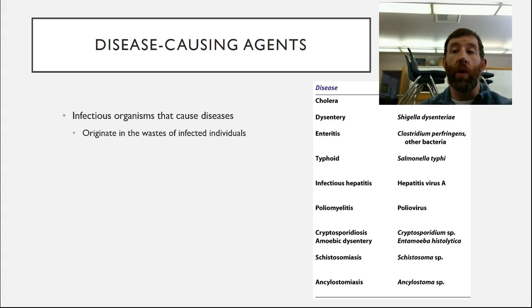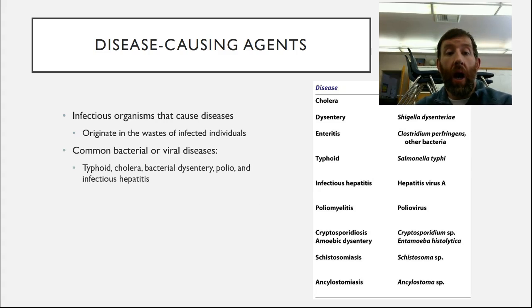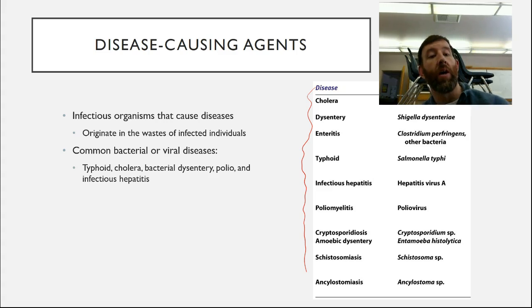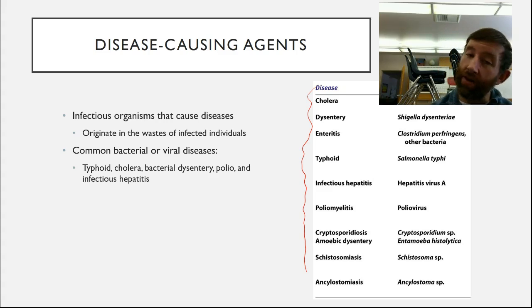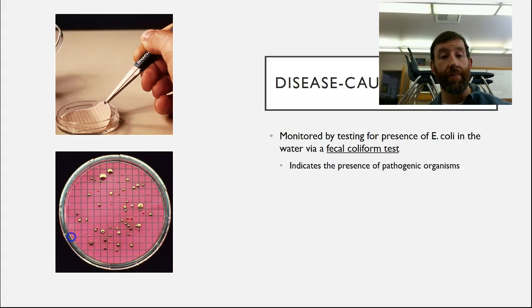Somehow that waste makes its way to our waterways and causes any one of these kinds of nasty diseases: typhoid, cholera, bacterial dysentery, etc. A lot of these are waterborne and originate in human waste. So if there's not the right types of treatment of human wastewater, then we can end up with those nasty critters in our water. And when we drink the water, it gets into our intestines and wreaks all kinds of havoc.